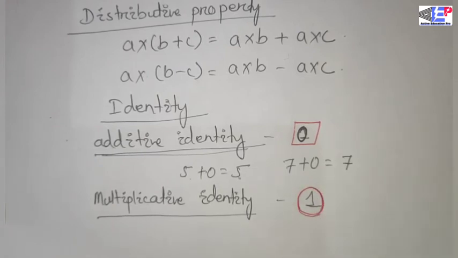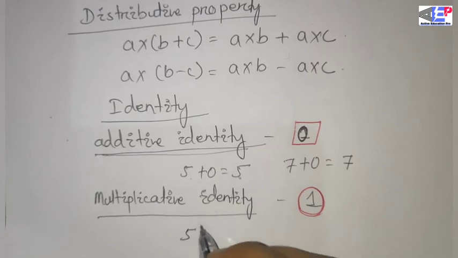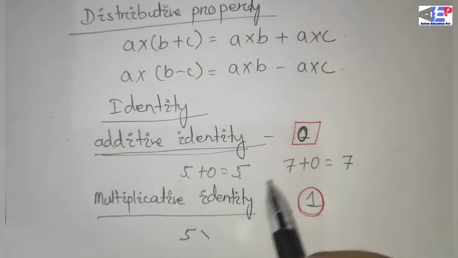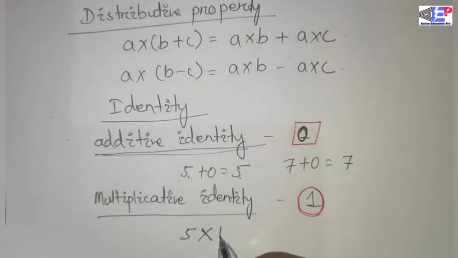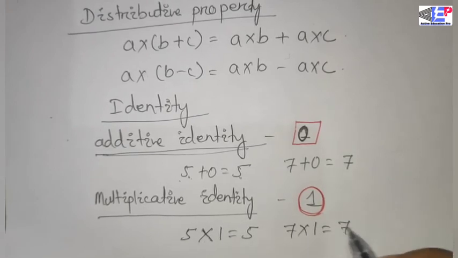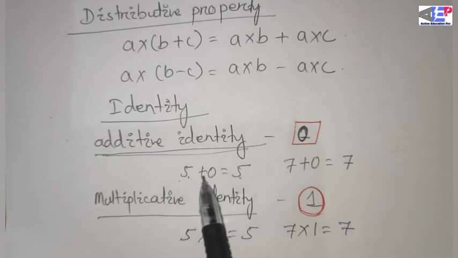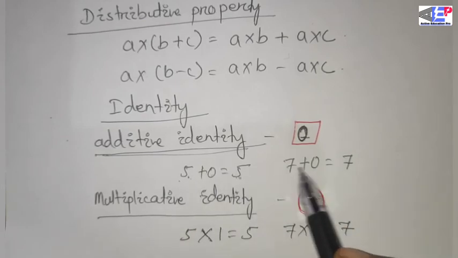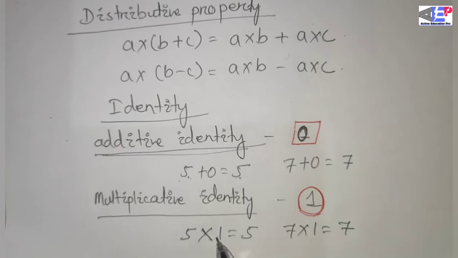This is the multiplicative identity. If you multiply 1 with any number, the result is the number itself. Taking the same examples 5 and 7: 5 multiplied by 1 is 5, and 7 multiplied by 1 is 7. Add 0, get 5; add 0, get 7. Multiply by 1, we get 5; multiply by 1, we get 7.